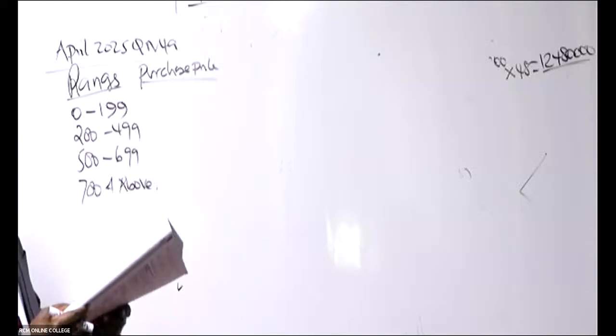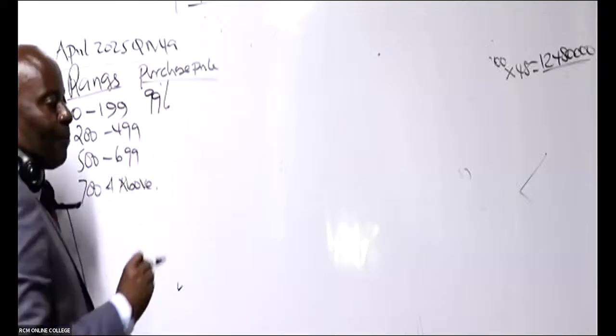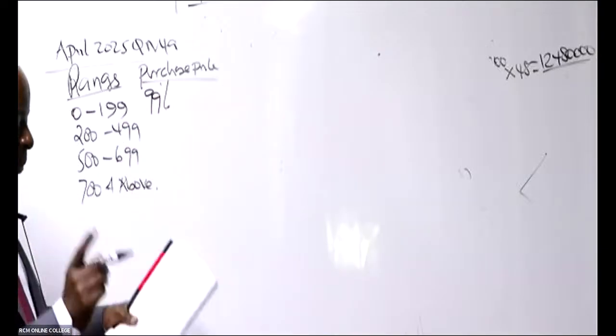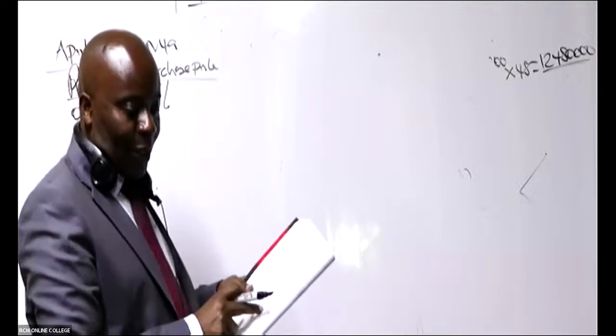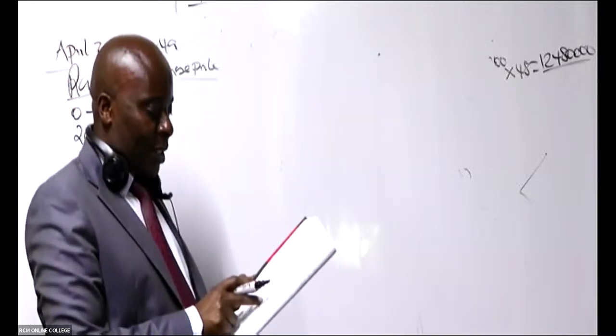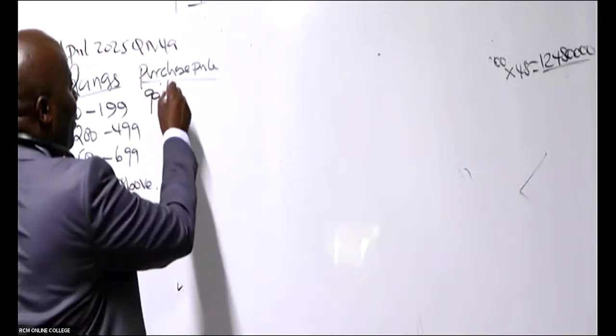So we shall be procuring these goods at what percentage? 99%. The original purchase price is 15. So 99% times 15.